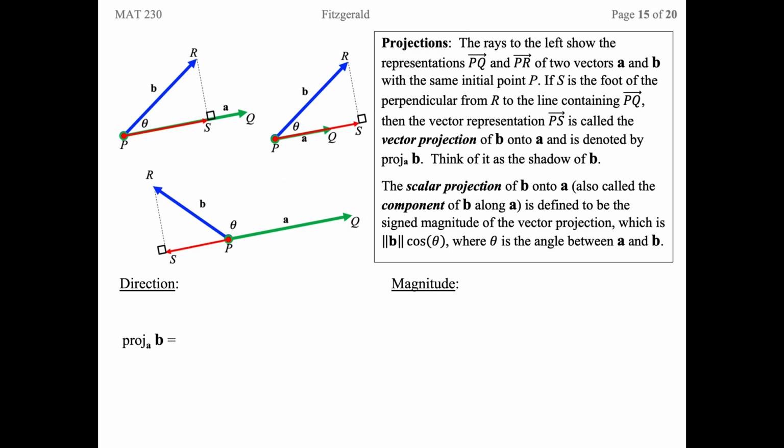Next, we're going to talk about projections. So you might want to be watching this several times. Projection: the rays to the left show the representations of vector PQ and vector PR of our two vectors as A and B with the same initial point P. S is the foot of the perpendicular from R to the line segment containing PQ.